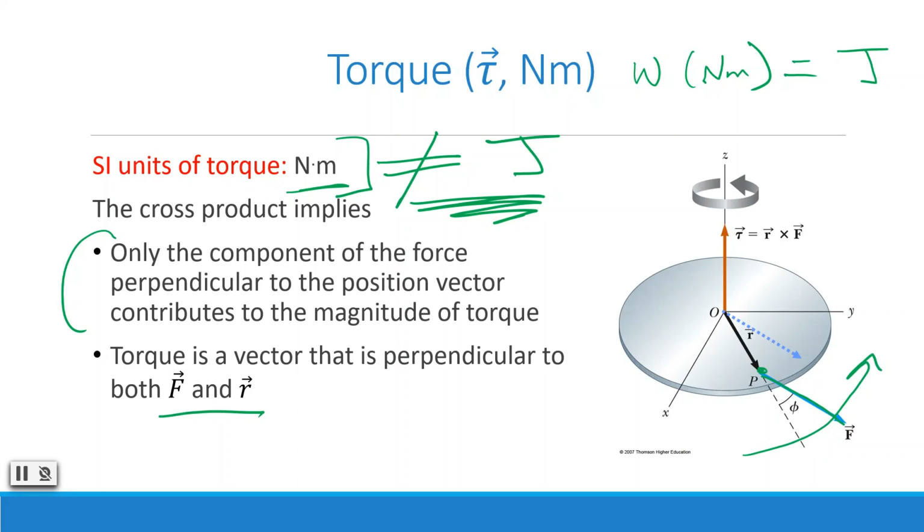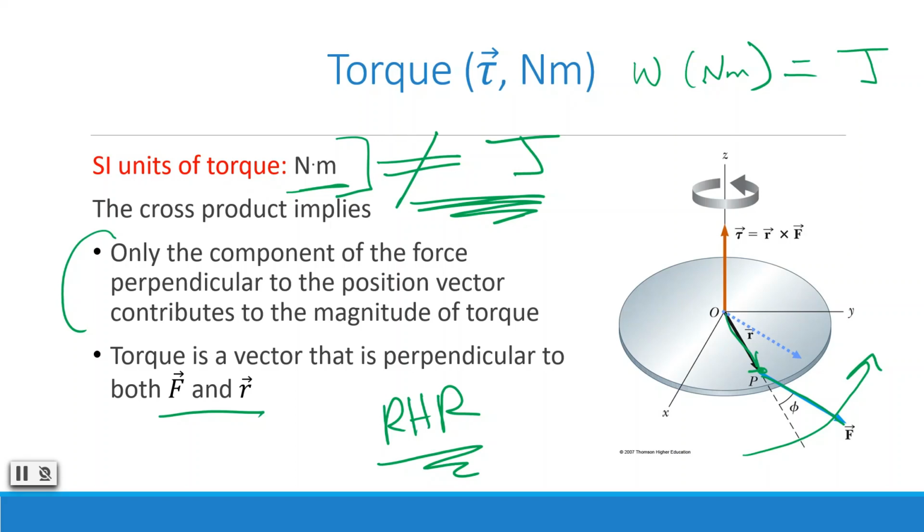That rotation is going to be in the counterclockwise direction, but my torque is not counterclockwise. My torque, using the right-hand rule, actually comes out, sticking up out of the page. So you can use that right-hand rule by pointing your fingers in the direction of the first vector, which is R, rotating your palm so it faces the force, and then your thumb points to the direction of the torque.